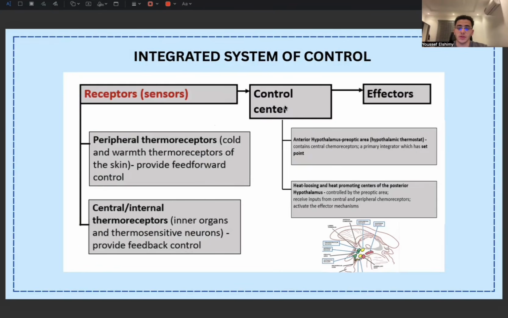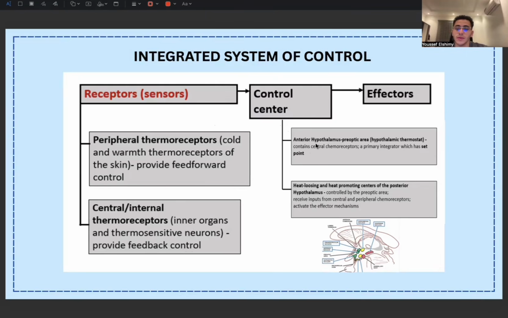The control center is basically the hypothalamus. It's basically the master organ that controls a lot of things. One of the things it controls is the temperature. The hypothalamus could be divided into the anterior and the posterior hypothalamus.